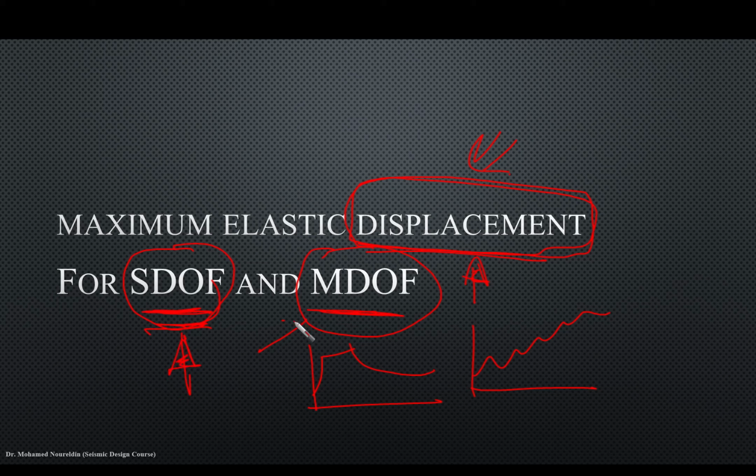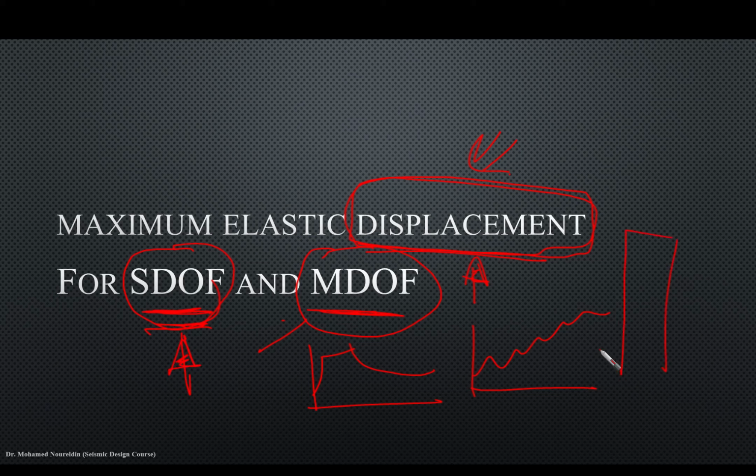But actually, in real life we have multi-story buildings, so we are dealing with a multiple degrees of freedom system, not a single degree. So we need to know how to obtain the multi-degree of freedom system deformation or displacement from our single degree of freedom system. Okay, let's have a look at how it works.